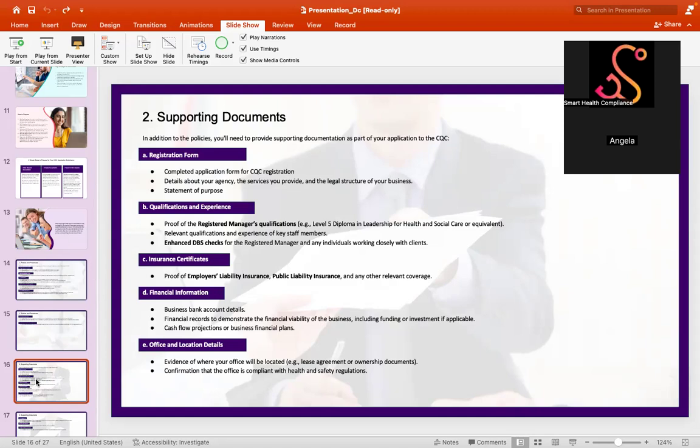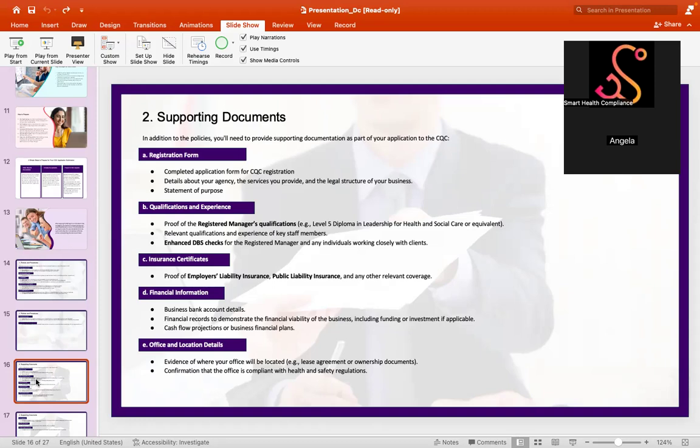Sometimes we find some providers are just submitting very bog standard, shall we say, policies that haven't been fully customized and therefore are being rejected. So it's important that you take the time to review any policies. If you're getting templates from third parties, which isn't uncommon, that you're reviewing them and making sure they've been customized for you. Otherwise, all of this will be rejected.